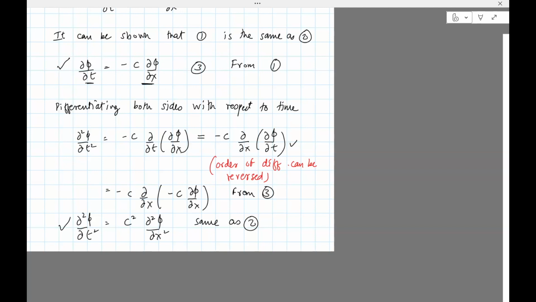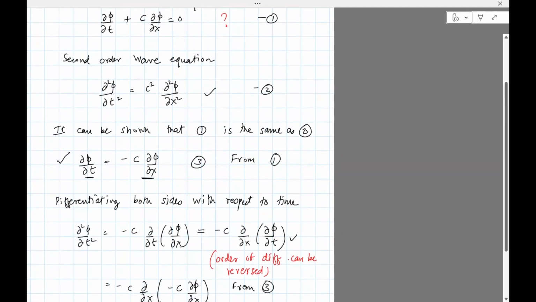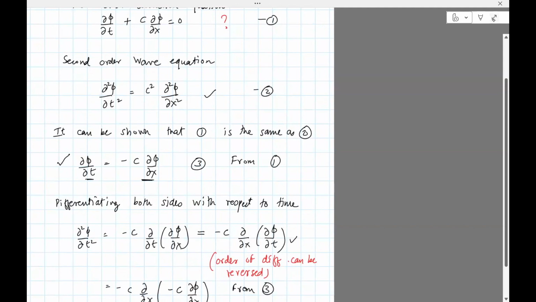Okay, so that's just the types of equations we'll be using. Now let's go to the numerical solution part of it. How do we solve for the solution of the second order wave equation, for example?